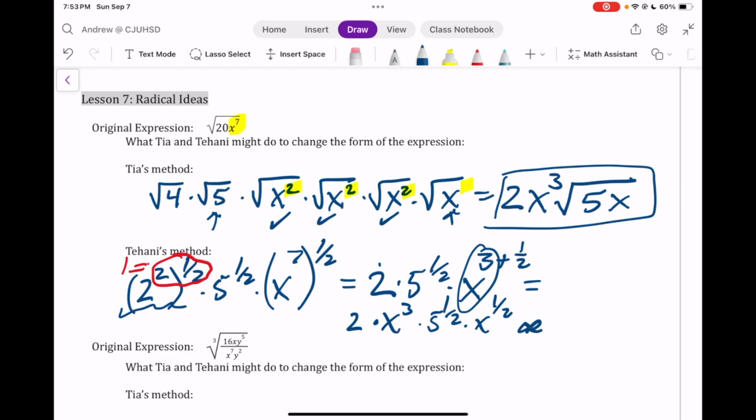Or, in the root form, 2x to the 3rd times the square root of 5x. So remember, taking something to the 1/2 power is the same as exchanging it for the root. So far, so good. If that just doesn't make sense at this point, maybe watch it again or wait until we do a few more examples.